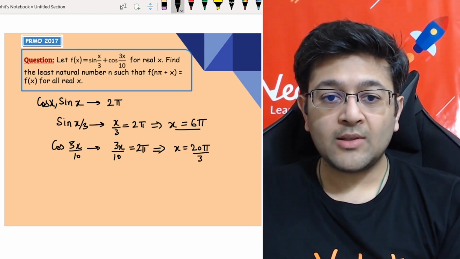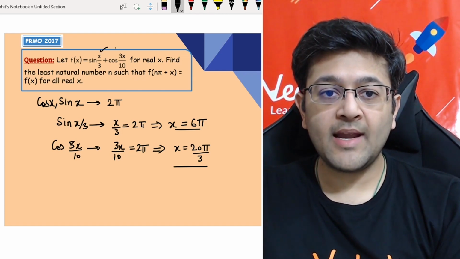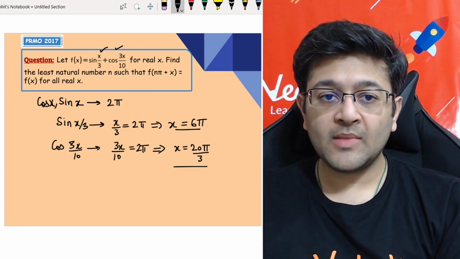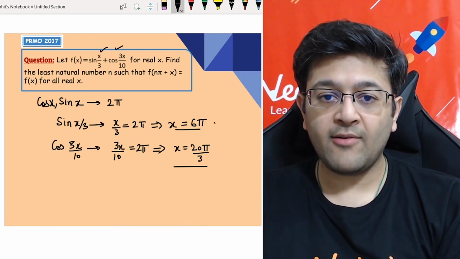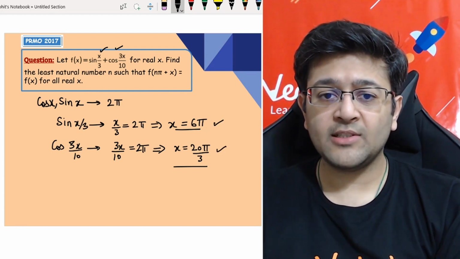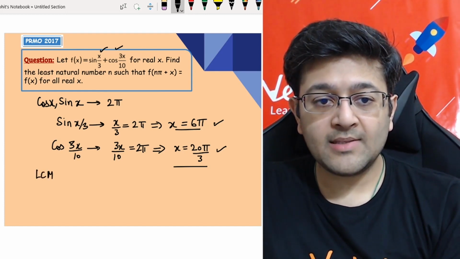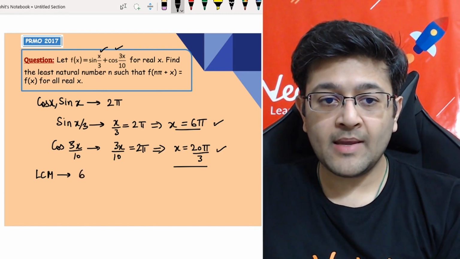Okay. So the concept being, when two functions are added, in this way, so sin x by 3 and cos 3x by 10, the period is generally the LCM of the periods of these two expressions, which we have found already. So the period of the first function is 6 pi, and the second function is that of 20 pi by 3. So taking their LCM, it would be 60 pi.